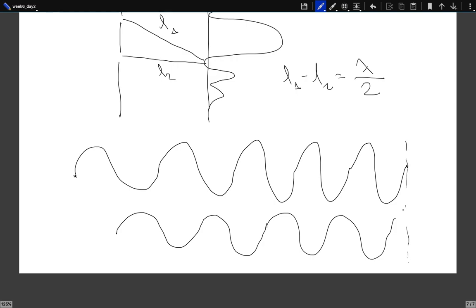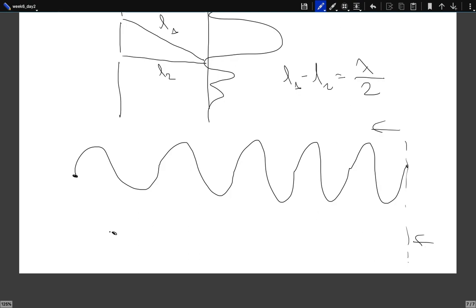Let's just assume you are leaving from here, and this point reaches the screen at the same time. But if you keep adding them up, no, this is wrong, sorry. On the other one, you have half a wavelength. So essentially, the other wave comes like this to the other side.